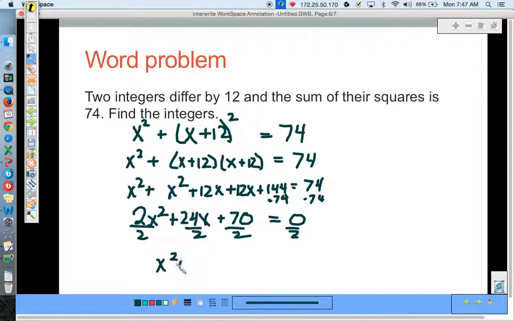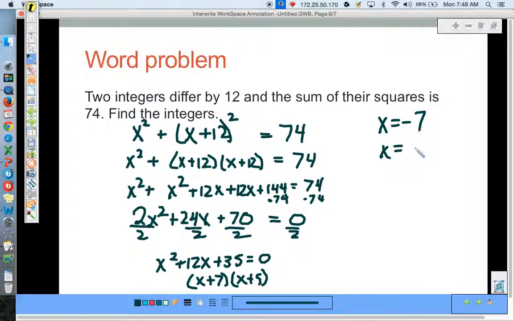So you have x squared plus 12x plus 35 equals 0. So let's see, what is this going to be? This will be x plus 7 and x plus 5. So we have x equals negative 7 and x equals negative 5.